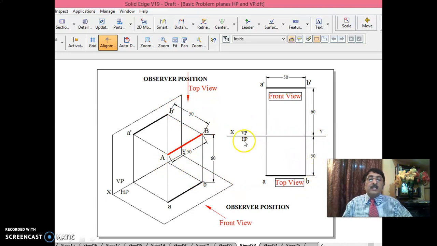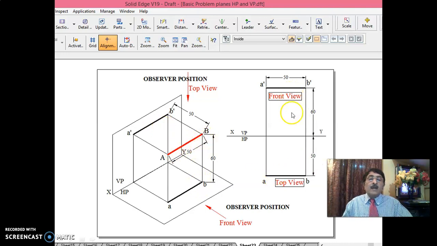That means looking at this, you clearly say the line is 50 mm long and its true length, actual length, is seen in the front view, and the actual length is seen in the top view. As a result, you can clearly say it is parallel to VP and parallel to HP because its actual length is seen in the front view as well as the top view.